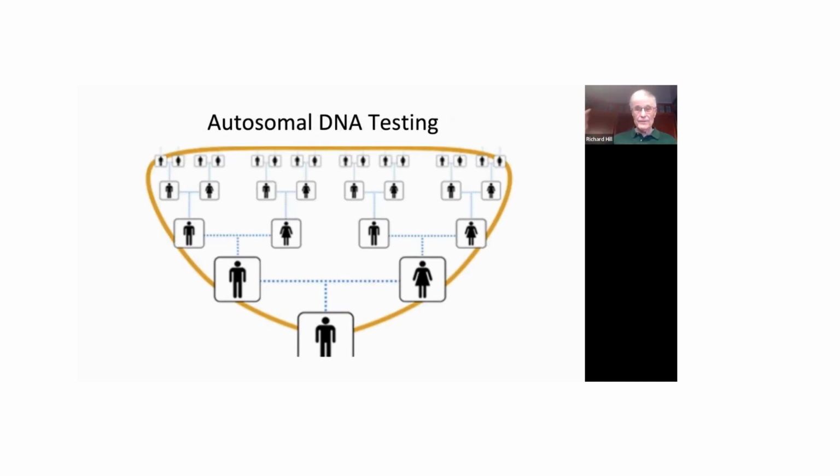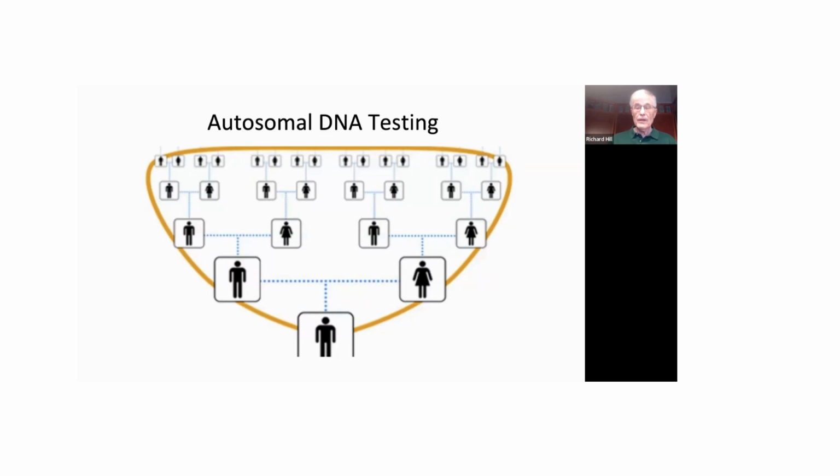Okay, unlike the first two test types that I described as narrow and deep, autosomal DNA testing is wide but shallow. It's wide because it can uncover cousins from any branch of your family tree. But it's shallow because it can only go back consistently about 5 to 7 generations.